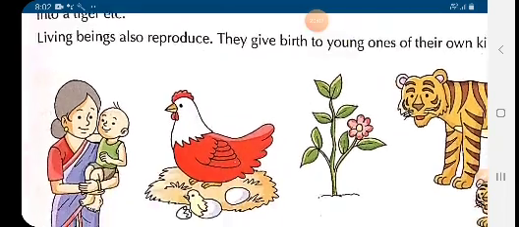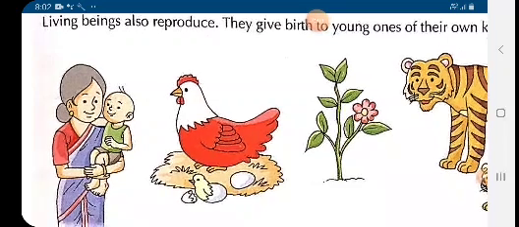Here in the picture we can see a lady carrying a baby. A baby looks exactly like his or her mother. And then we can see a hen. It has laid eggs. Out of the egg, a chick is coming out. Then we have a plant.